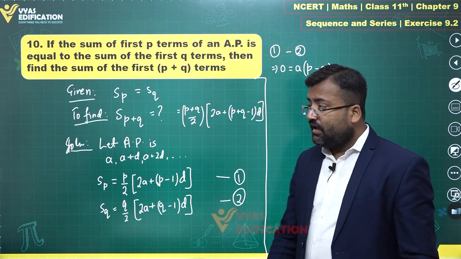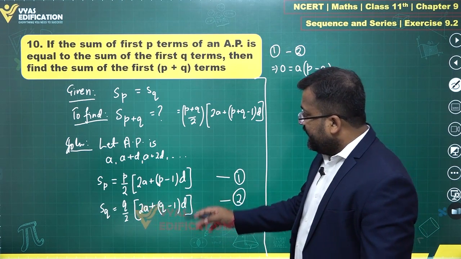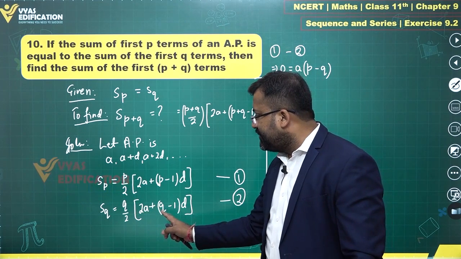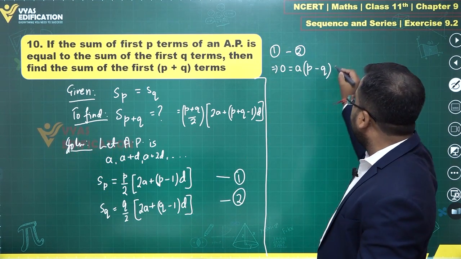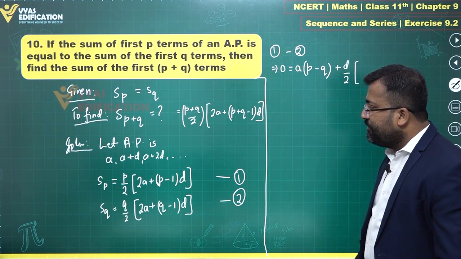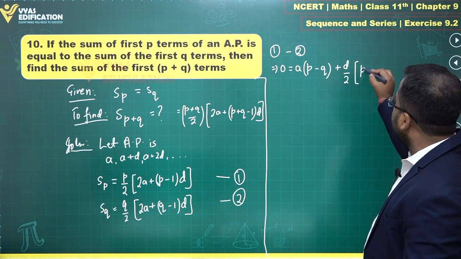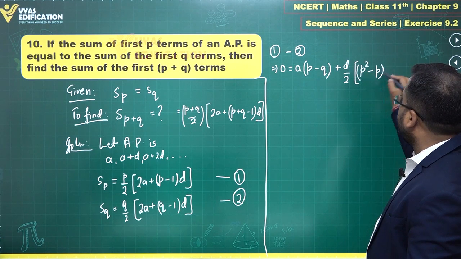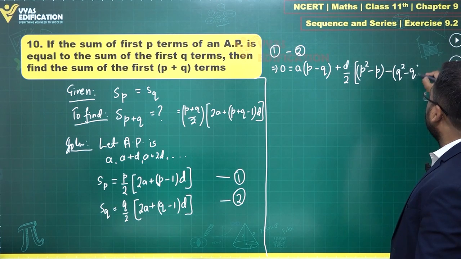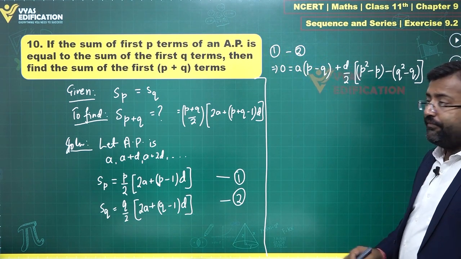Yes. What about for D? I have P by 2 times P minus 1 times D, Q by 2 times Q minus 1 times D. I can take out a D by 2 common from here, and in the bracket what you'll get is P times P minus 1, which is P square minus P, Q times Q minus 1, which is Q square minus Q. This is what you'll be interested in.